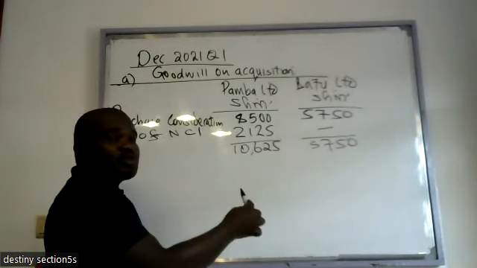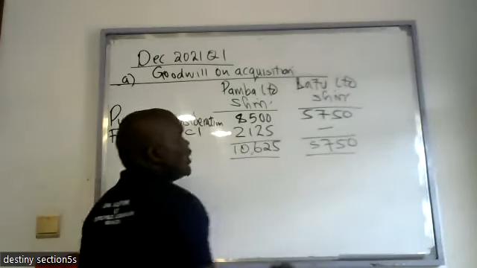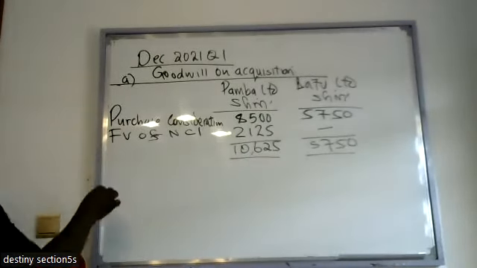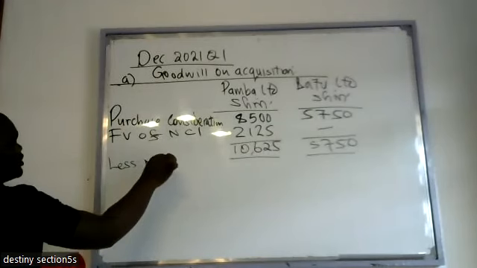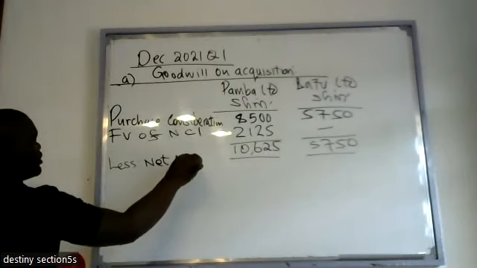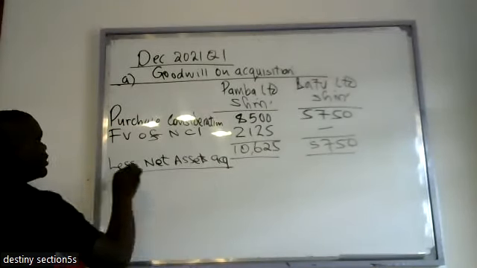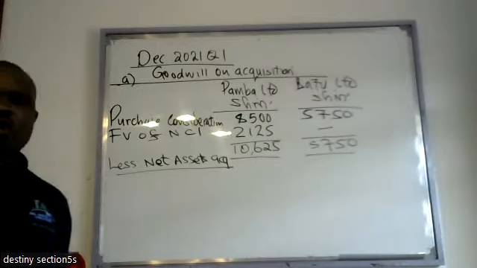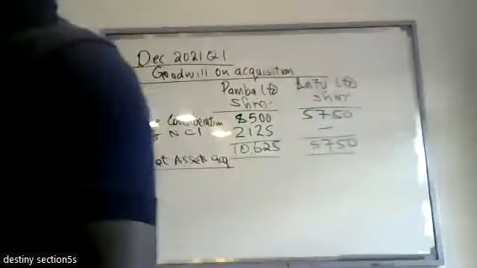You can close this one here. We less the net assets acquired. You less the net assets acquired.